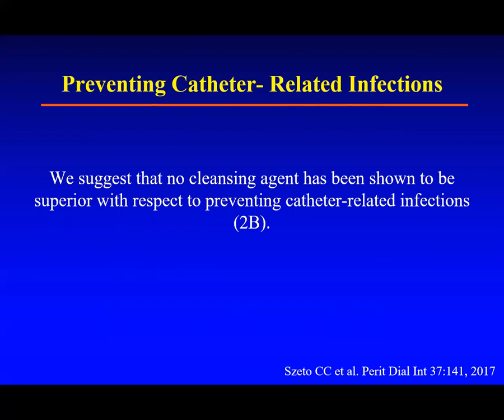So whatever it is you can most readily have available to your patients, at least cost, the thing that they will be most compliant with, that's what I would recommend.